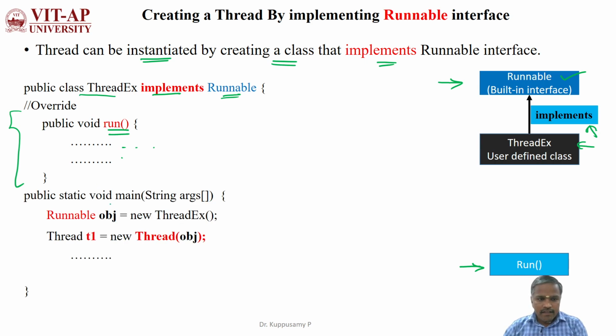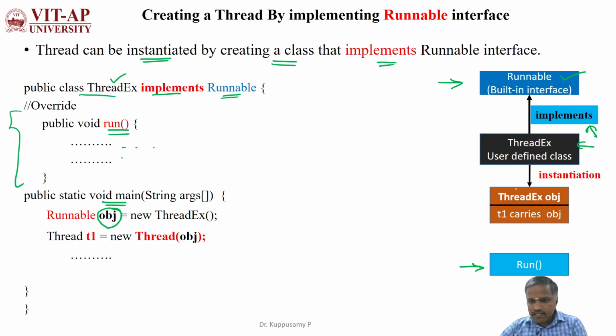Then inside the main method, I am going to instantiate the object by using the class ThreadEx. As per this, you see I am creating obj by using the class ThreadEx, the user defined class. I am instantiating the object, then I am creating the thread t1 which carries the obj that belongs to ThreadEx.